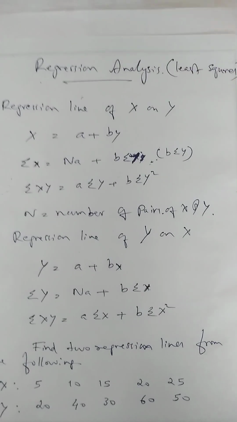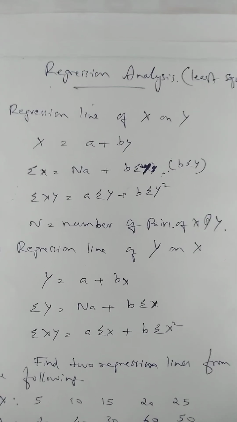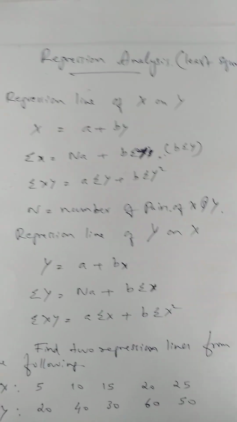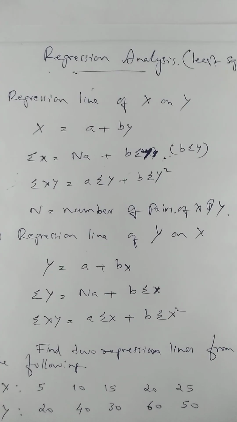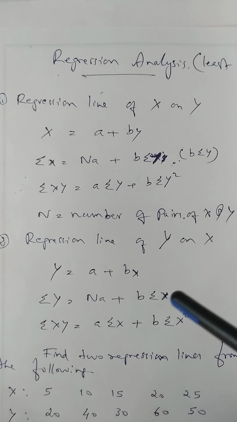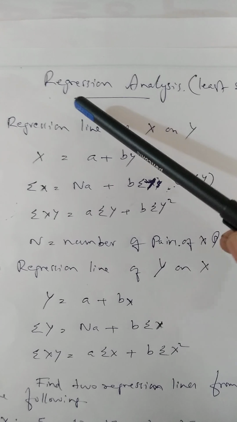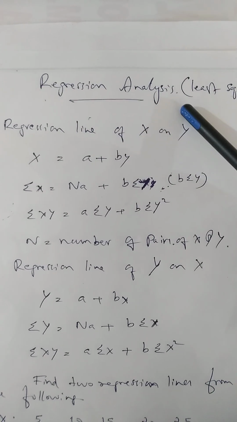On the other hand, if you know the value of supply, you can find the value of demand also by using the regression technique. So, finding the value of one variable with the help of another variable, that is the technique used in regression analysis.